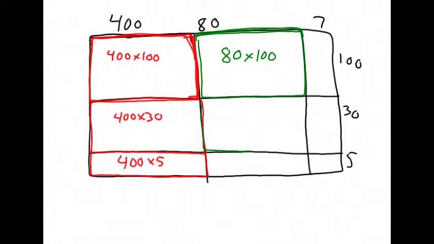Underneath, it's still 80 wide, and it's 30 tall because of what it says over there and above. So 80 wide by 30 tall. And then the last green box at the bottom is 80 wide by 5 tall. So in here I'm going to write 80 by 5.